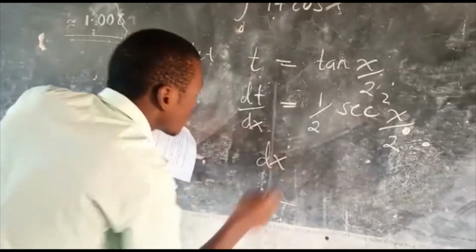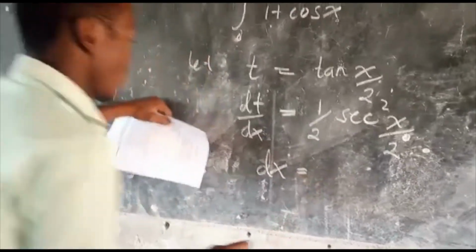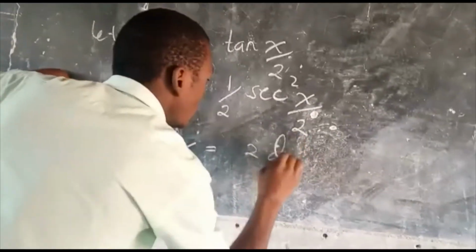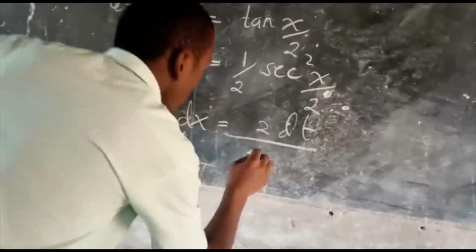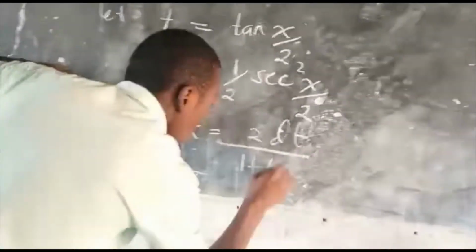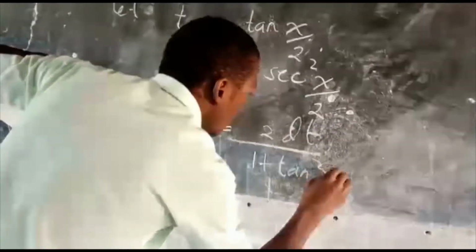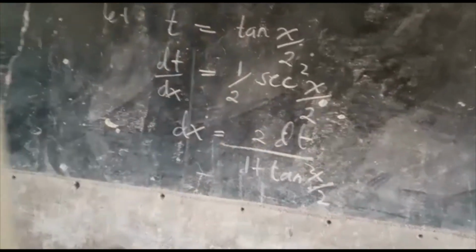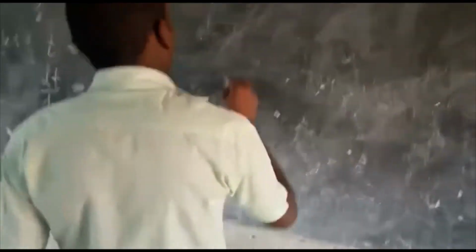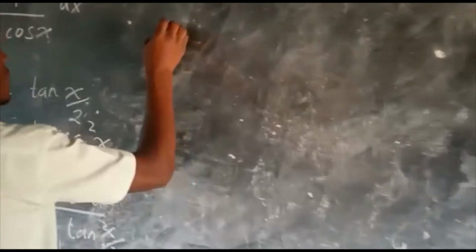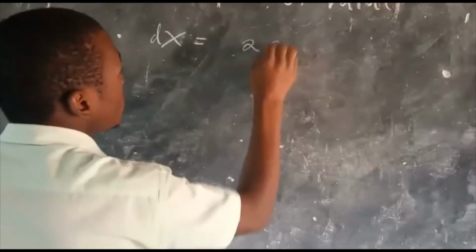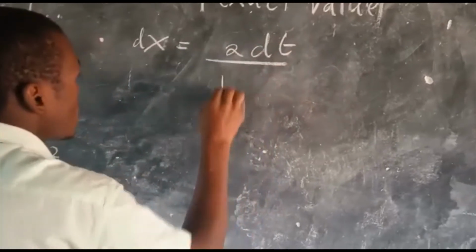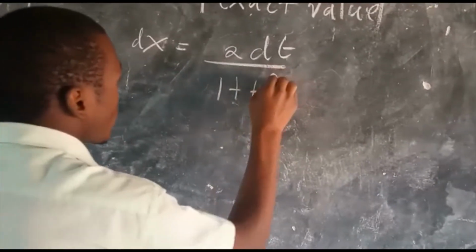Now my dx is going to be 2 dt over sec squared x over 2, but sec squared x over 2 is the same as 1 plus tan squared x over 2. But my tan x over 2 is t. Now dx is equal to 2 dt over 1 plus t squared.